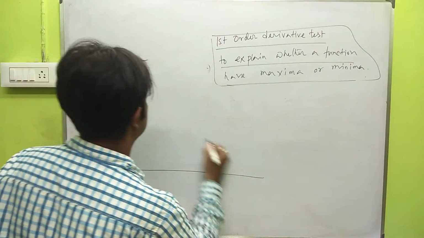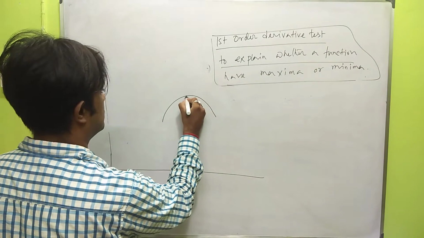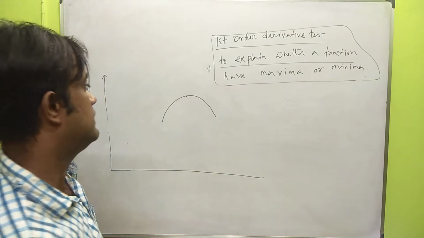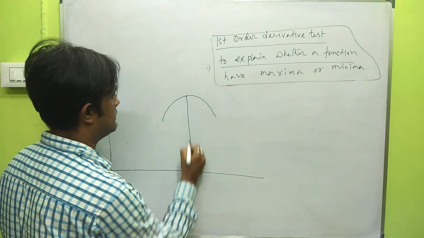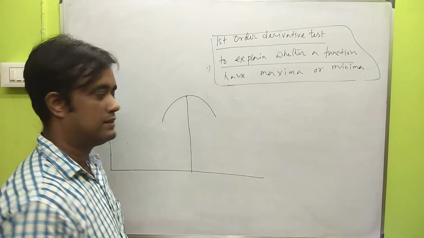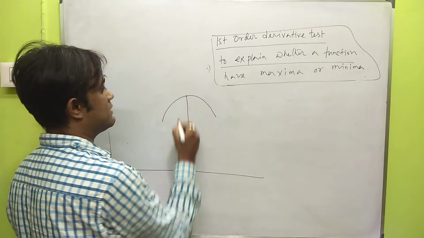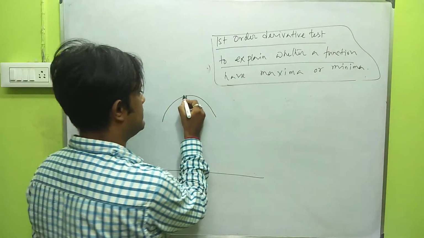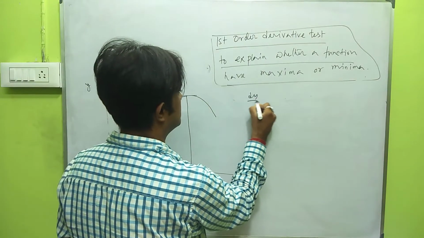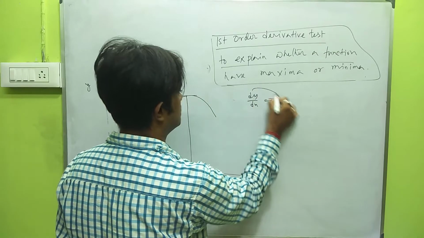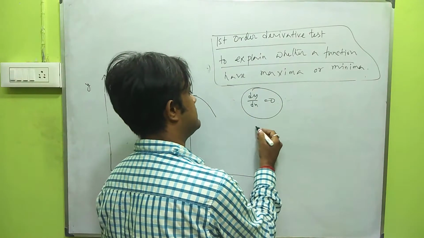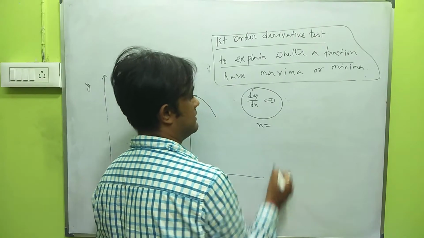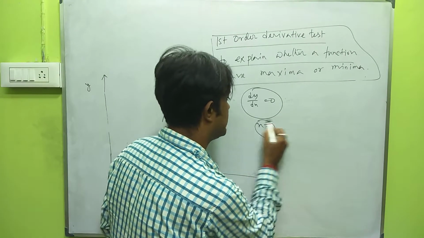If we draw this curve again, we observe that at this point the function turned. At that point dy by dx is equal to 0, and by calculating dy by dx equal to 0 we get some x, and this x is called a turning point.